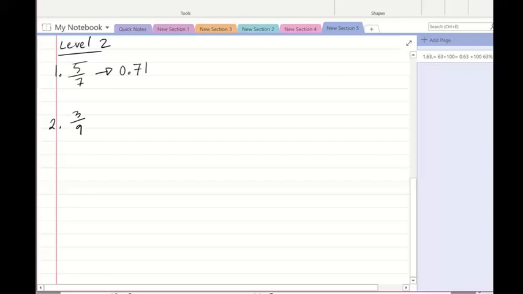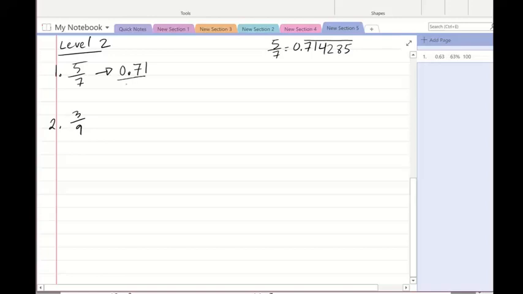The actual number, I'm going to write it over here. 5 divided by 7 is 0.714285, and if you actually look at it, it goes 714285. It keeps on going over and over again. If you remember from school, if there's repeating, you have this line right here. But I'm only going to round to 2 decimal places, so I'm only going to put 2 numbers after the decimal.